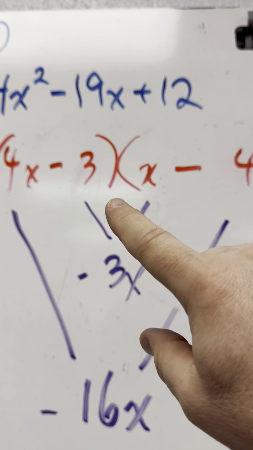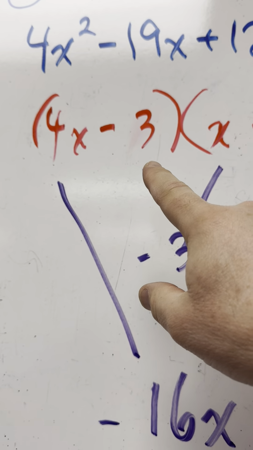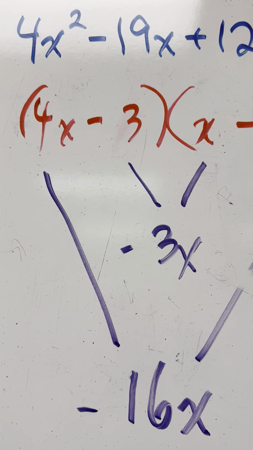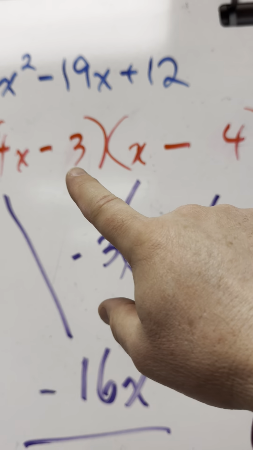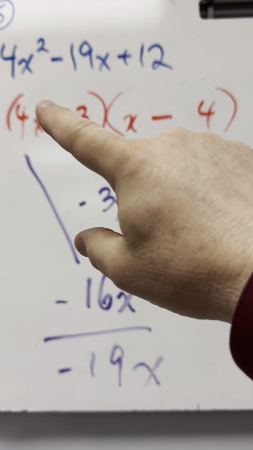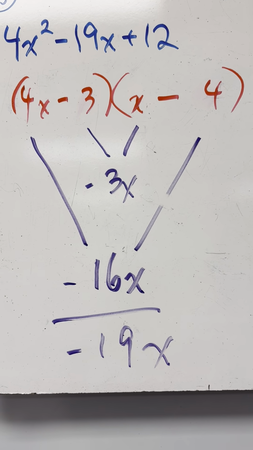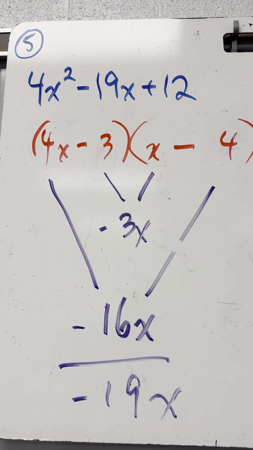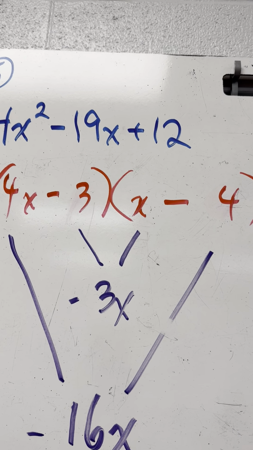I'll put the 3 here and the 4 here. And by the way, I can't put 4 here because 4 and 4 will never be in the same set of parentheses. So I'm going to put 3 here and 4 here, and I will get -16 and -3, which makes -19. Ding, ding, ding! And there's my answer, 4x minus 3 times x minus 4.